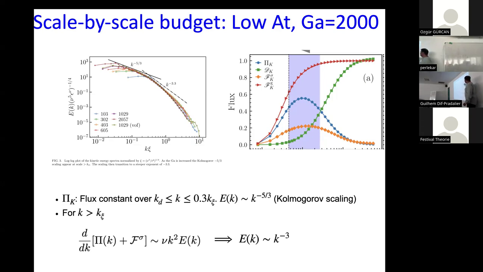You have a strong nonlinear flux between ranges which correspond to the bubble diameter, and it crosses over to some scale which is roughly around theta. In this regime, because the nonlinear flux is dominant, you expect 5/3 scaling. And then after the crossover, the sum of these two again is close to log of k, which then balances viscous dissipation to give you -3 scaling, right? So that's the simple explanation.